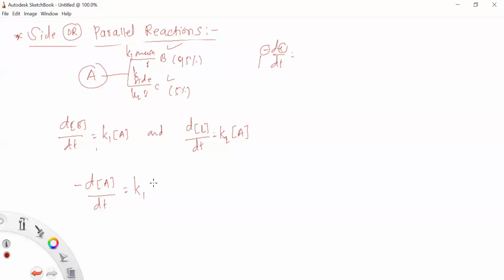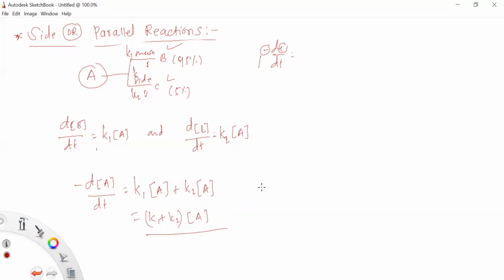So k1 into concentration of A plus k2 into concentration of A, right? Both are the same thing, so it means k1 plus k2 into concentration of A. Since concentration of A is common, we take it out. So this is the overall disappearance of the concentration of A in both reactions.